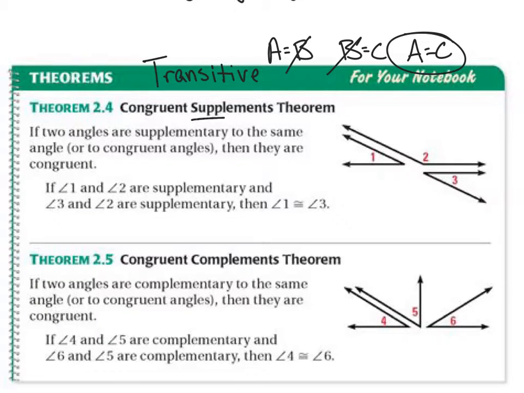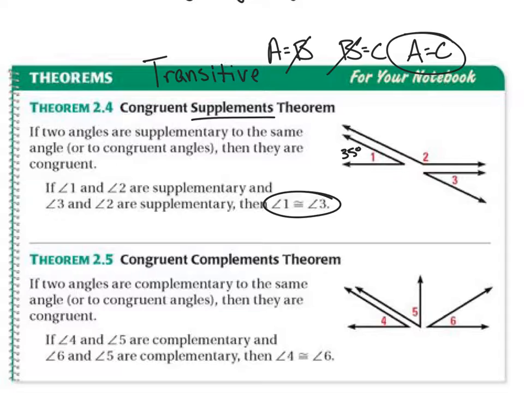So for the congruent supplements, if two angles are supplementary to the same angle, in this case 1 and 2 are supplementary and 3 and 2 are supplementary, then 1 has to be congruent to 3. Just to put some numbers with this, say angle 1 was 35 degrees.